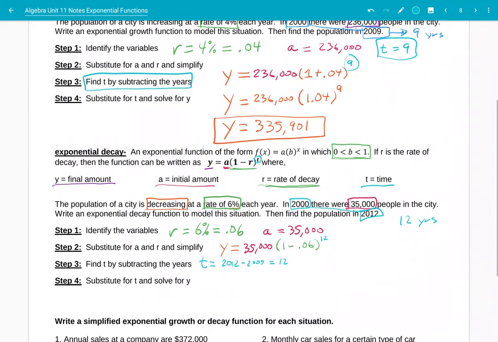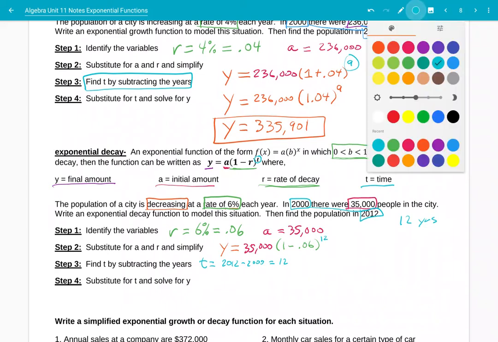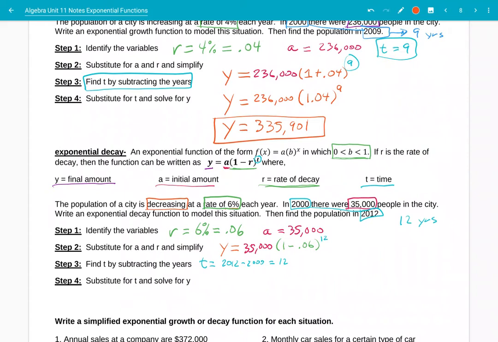Okay, we're going to substitute for T and solve for Y. So here's our equation right there. Let's go ahead and solve it. We'll just plug it into the calculator. But we can simplify it just a little bit. 35,000. 1 minus 0.06 is 0.94.